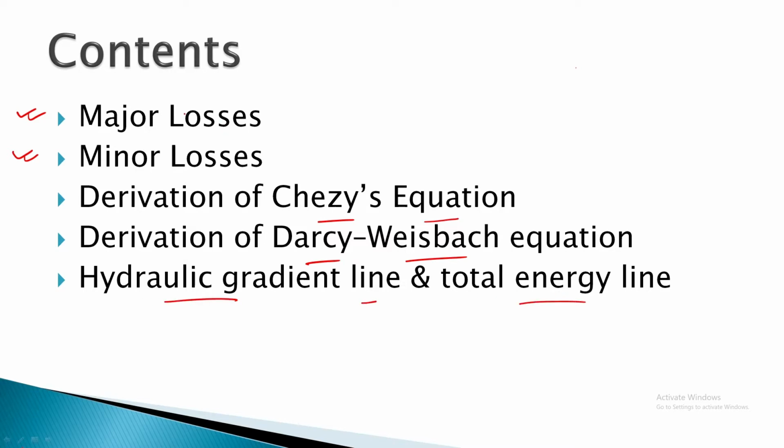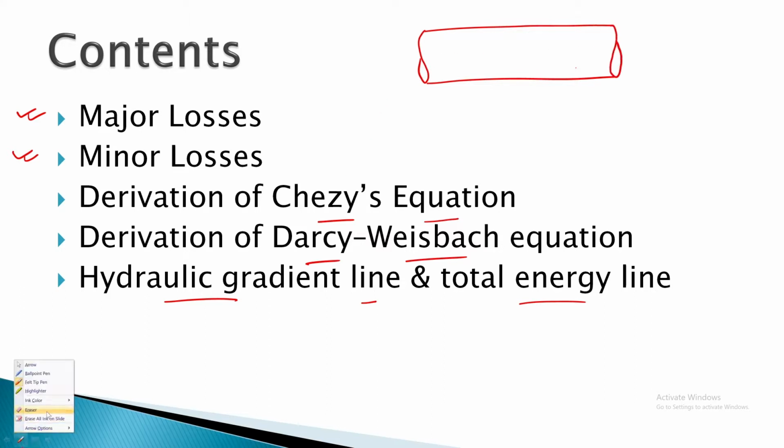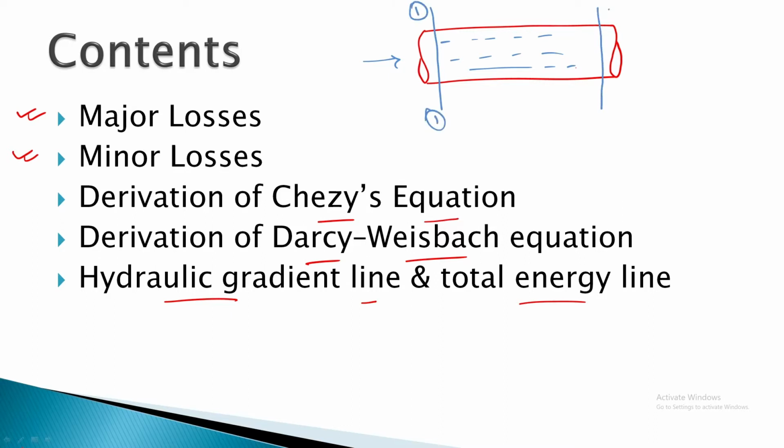Okay, as we are mainly focusing on losses in this chapter, that means the flow through pipes, if we consider the pipe is something like this, a small portion of a pipe, and the direction of the flow of the fluid is in this particular side, suppose this is the fluid which is flowing inside the pipe. Now if I consider two sections, yes, you are right, I am going to apply the Bernoulli's equation.